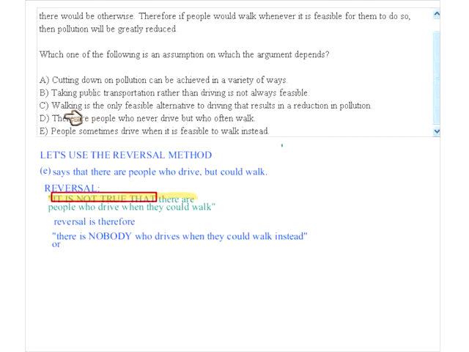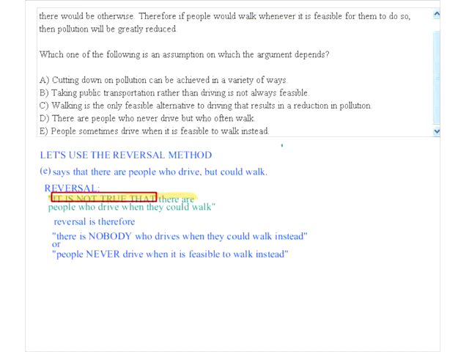If it is not true that people sometimes drive, then that means they never drive. If that's true, let's see how this affects the argument. If there's nobody out there who drives if they could just walk, then nothing will happen, because everybody who would walk is already walking.